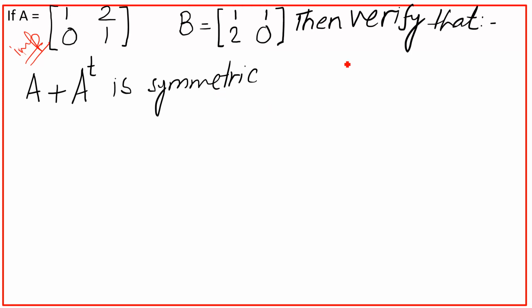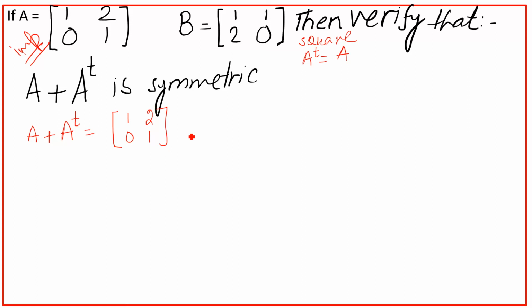And I told you for symmetric there should be 2 conditions. These matrices should be square matrices, first condition, and when we take the transpose of this, it should be equal to A. Right, started. A is this, and then A transpose is this. So we will write down here like this. A plus A transpose, A is 1 0 2 1.